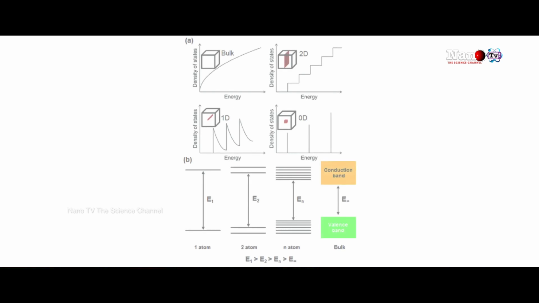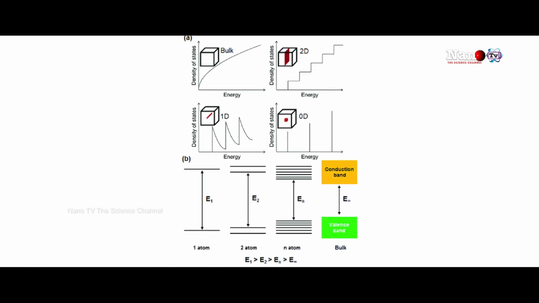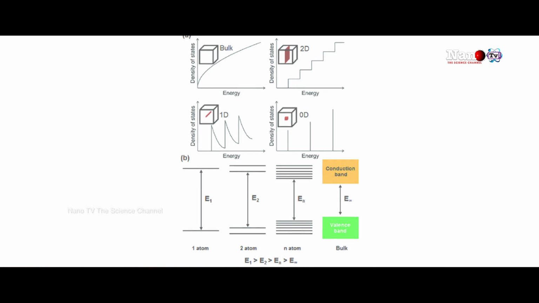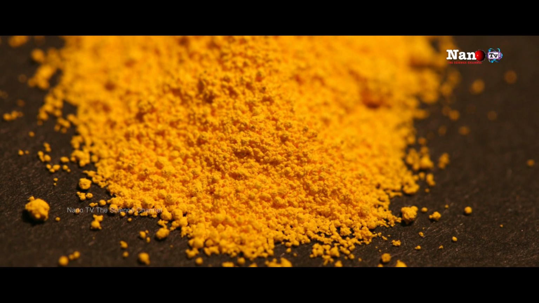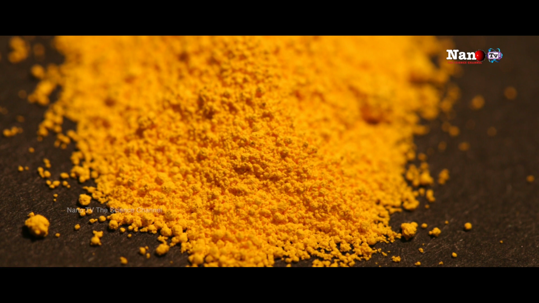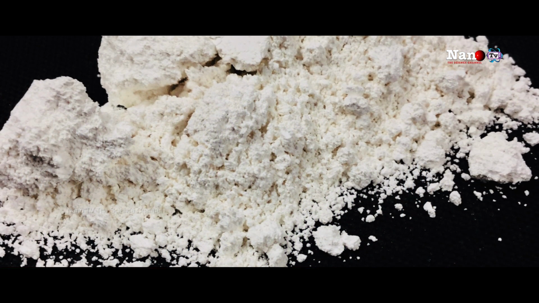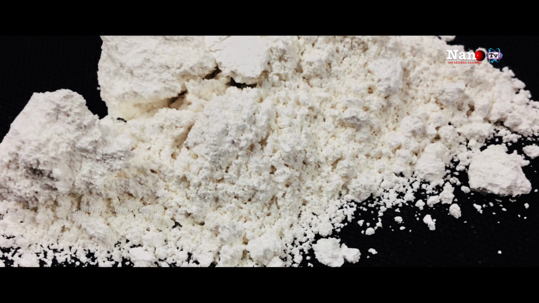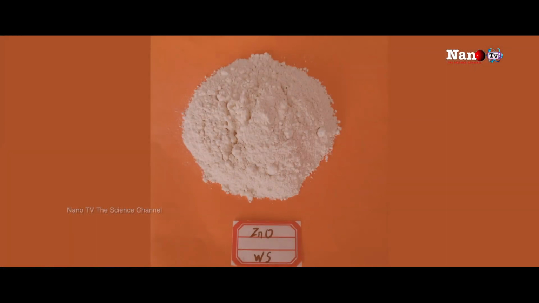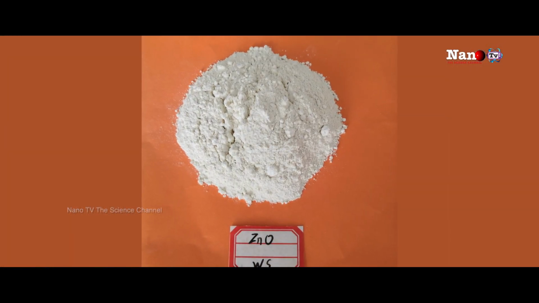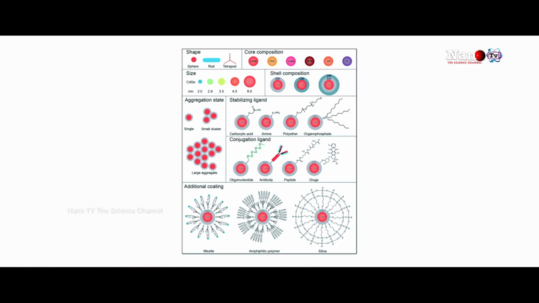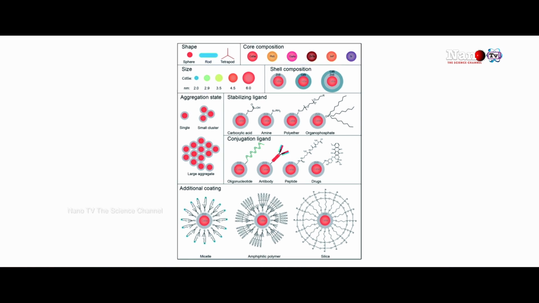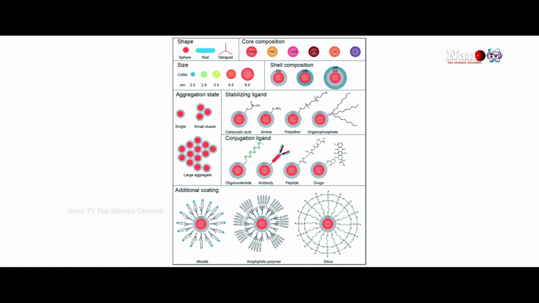The widening of band gap is very clearly seen in small band gap semiconductors like cadmium sulfide, selenide, even silicon, but it is not very clearly seen in high band gap semiconductors like titanium dioxide and zinc oxide, because those semiconductors do not absorb any visible light, as they are already in the UV range, so they are transparent to visible light. Whereas the so-called quantum dots of cadmium sulfide, selenide, these are all low band gap semiconductors.